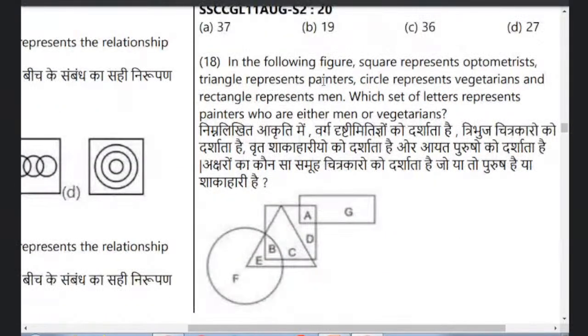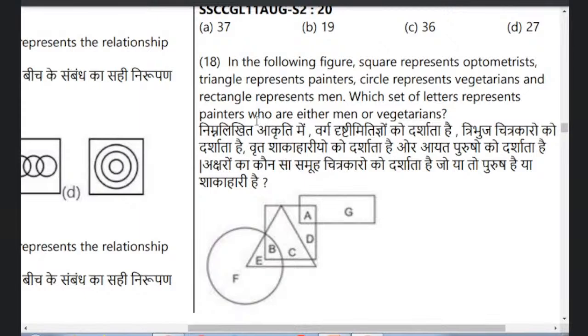In this figure, the square represents the optometrist, the triangle represents the painter, the circle represents the vegetarian, and the rectangle represents the man. We have to find the letter representing a painter who is either a man or a vegetarian. First we have to find the painter.